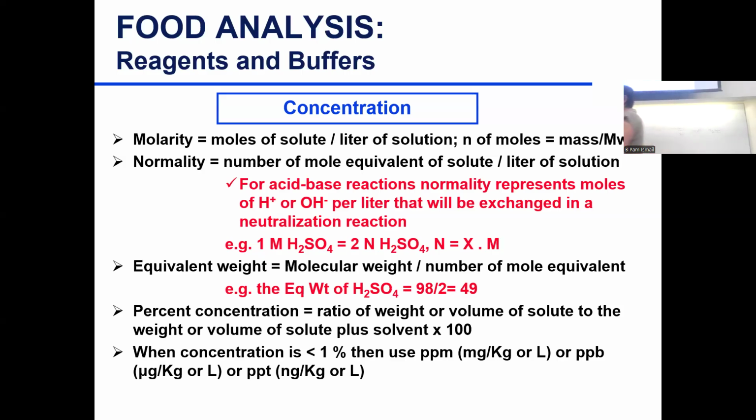NaOH has 1 OH, but calcium hydroxide has 2 hydroxyls. So you have to account for the number of moles equivalent of that solute. For example, 1 mole of H2SO4 is equivalent to 2 normal H2SO4.